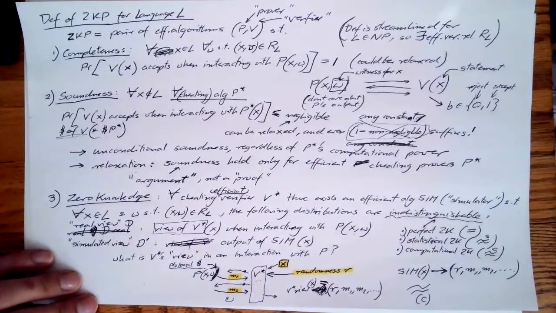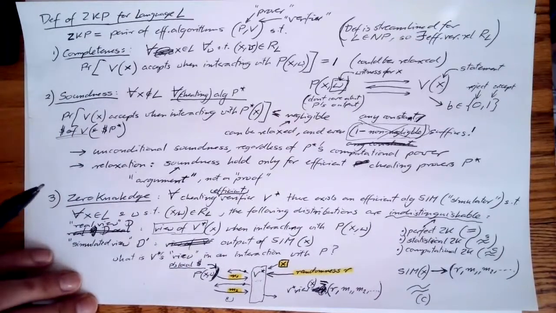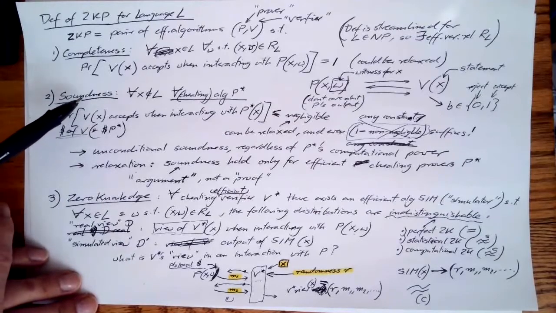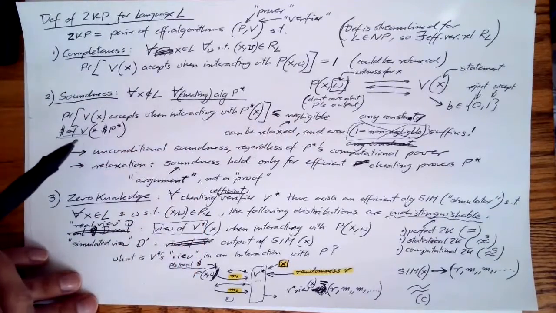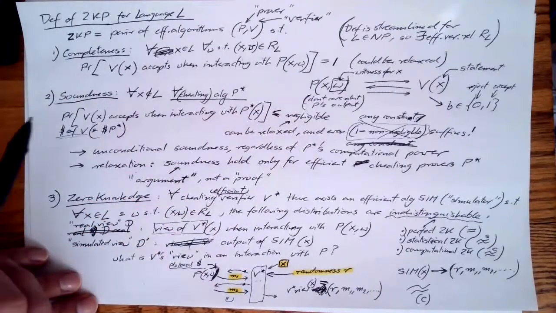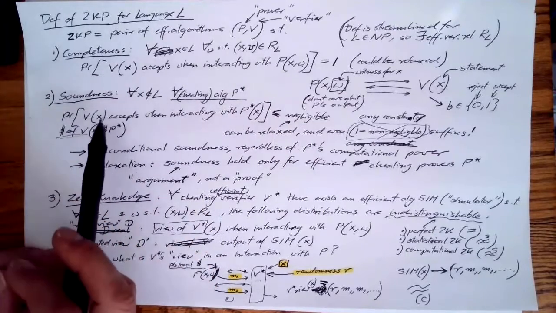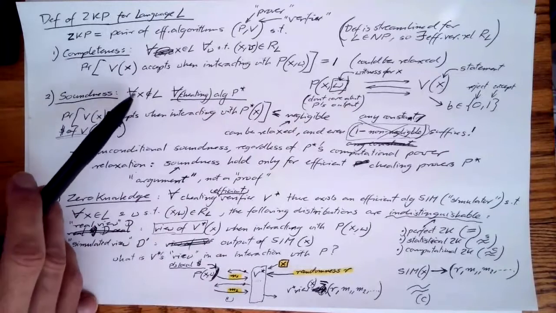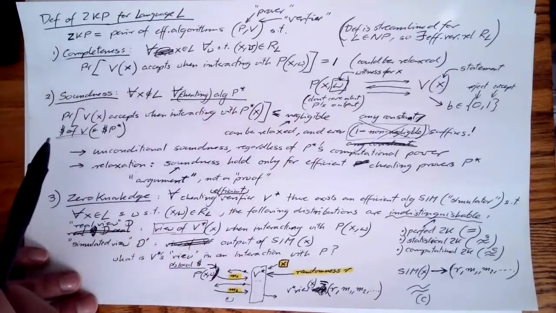So here is another thing that is not fully formal in this picture. Already in soundness, when we say it's negligible, what are we talking about? Because negligible is an asymptotic property, and this doesn't seem to have any right parameter embedded into these statements, right?